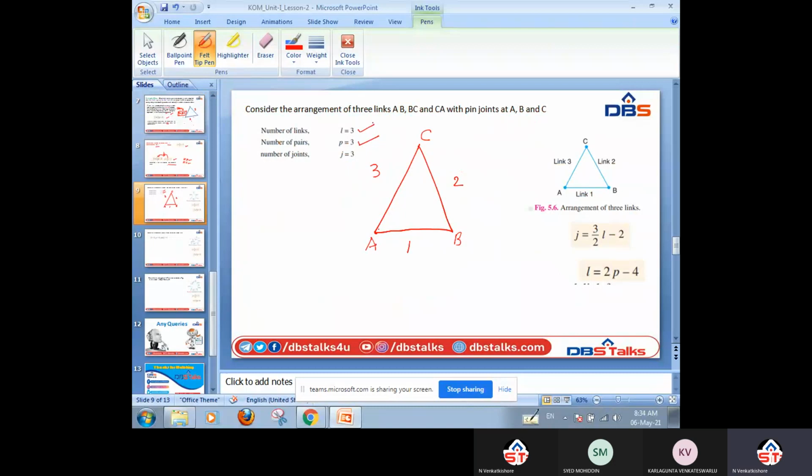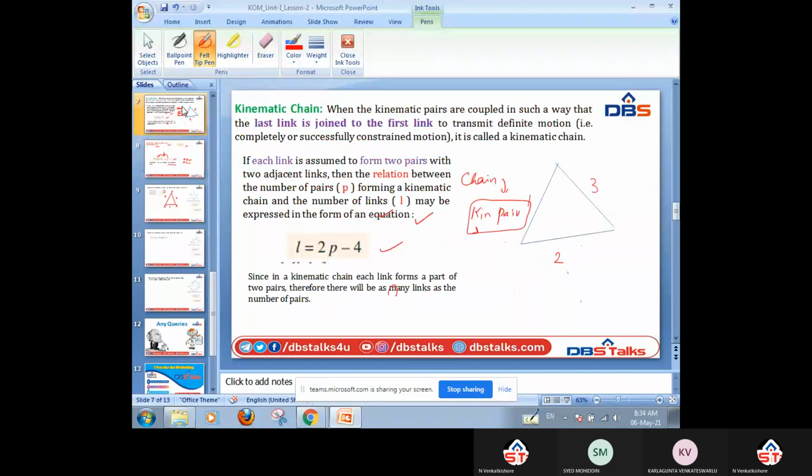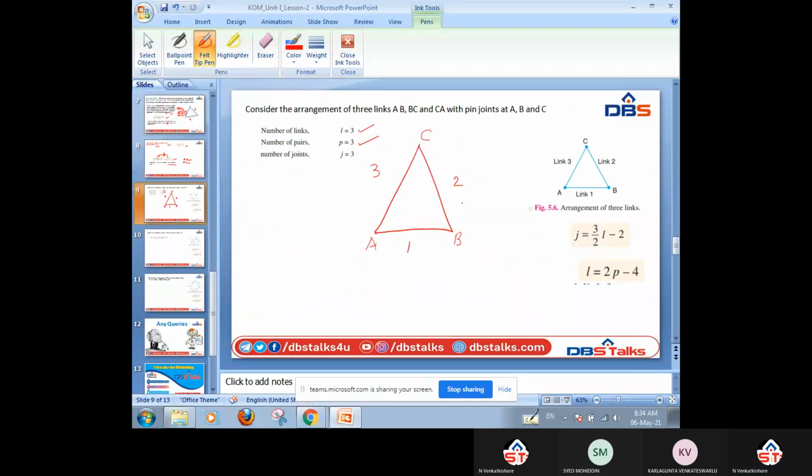And how many joints are there? Joints means these are also the connection. If you clearly observe the condition that the kinematic chain, each link forms a part of 2 pairs at least, and there will be as many pairs as links.